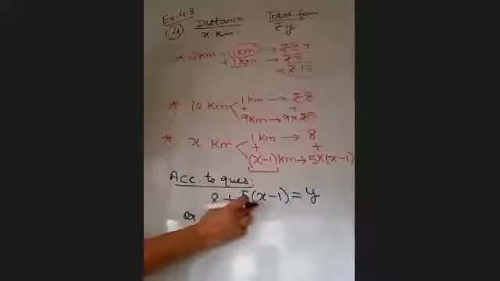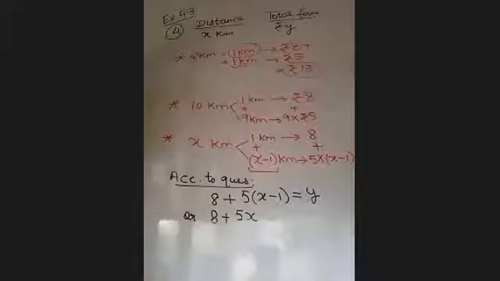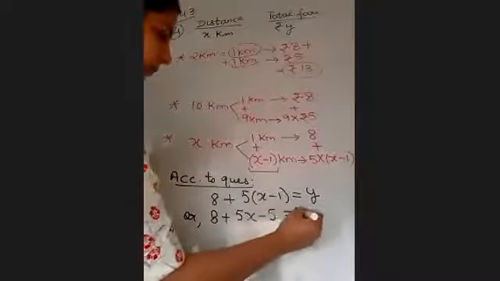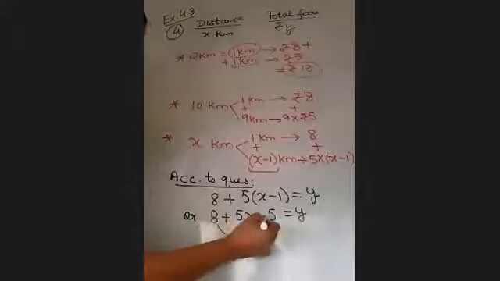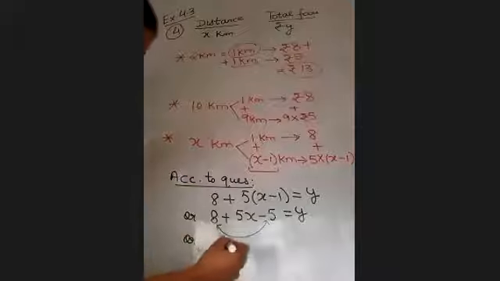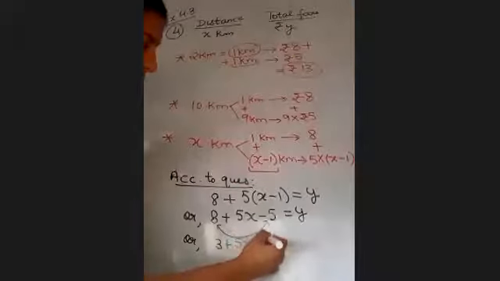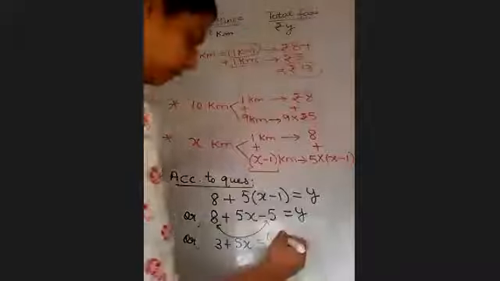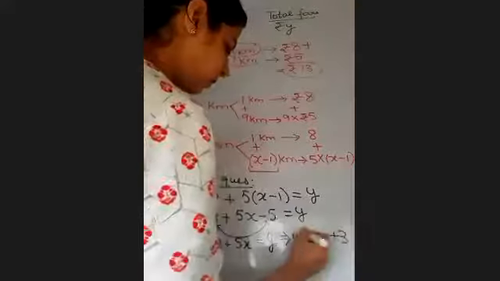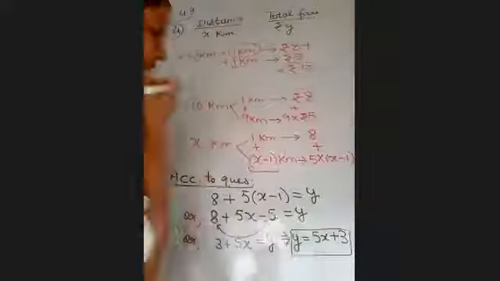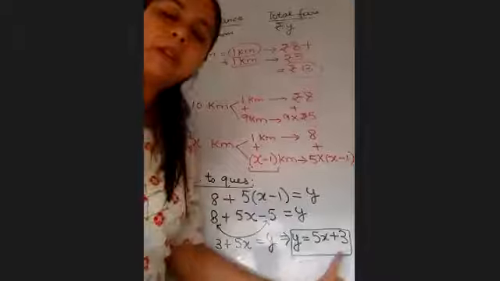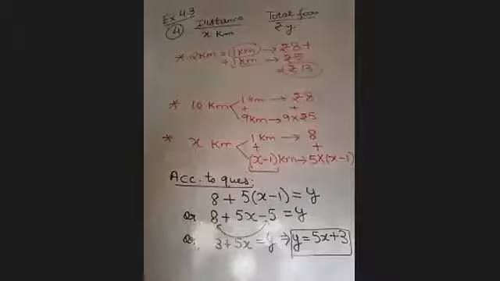Let us open the bracket. 5 into X is 5X, and 5 into minus 1 is minus 5. 8 minus 5 is 3. So 3 plus 5X is equal to Y. I can always write it as Y is equal to 5X plus 3. So this is the required equation for the particular question.